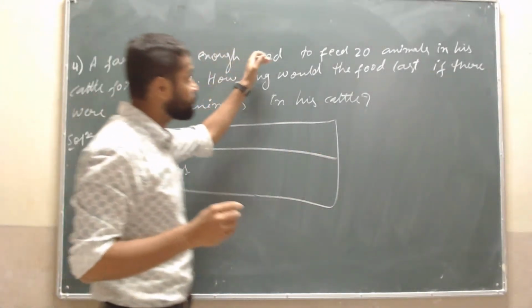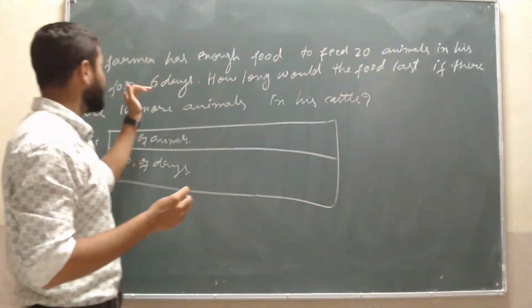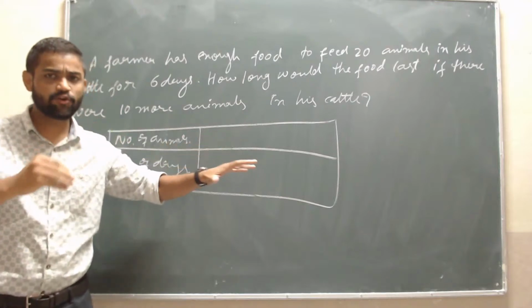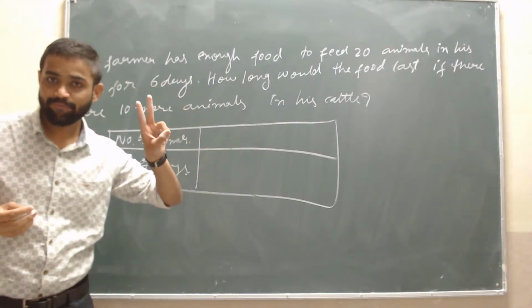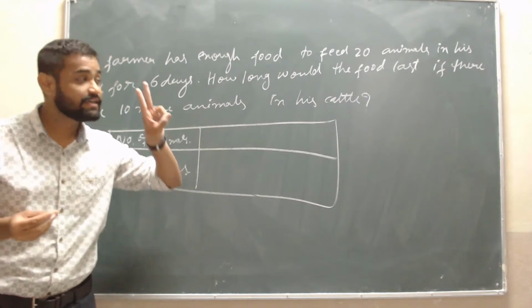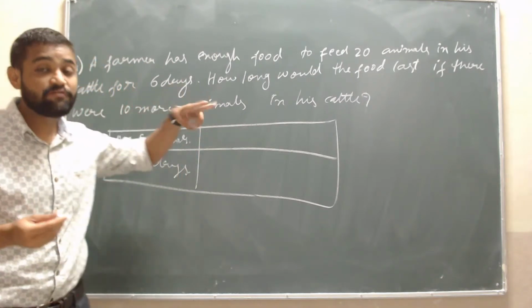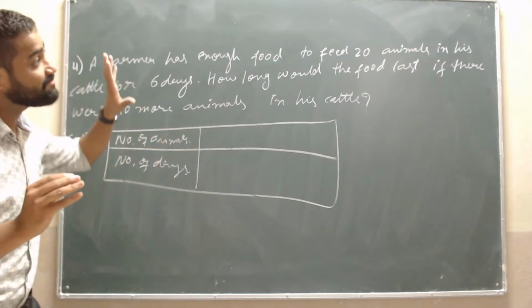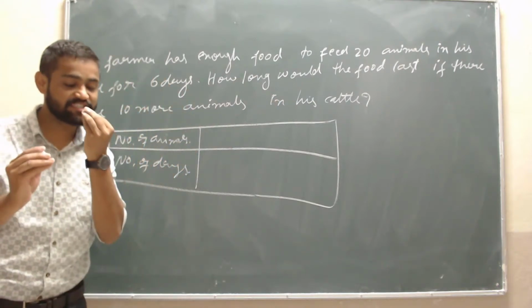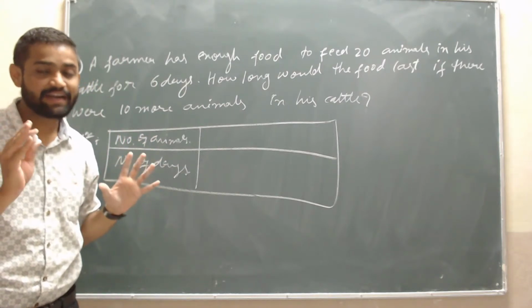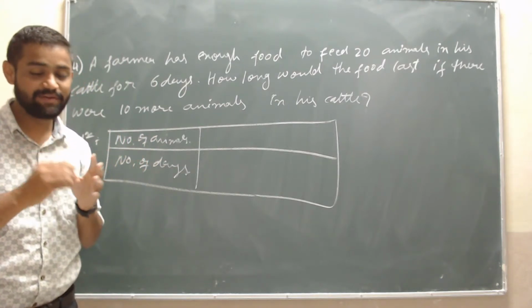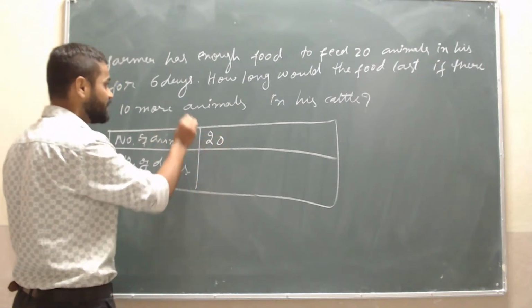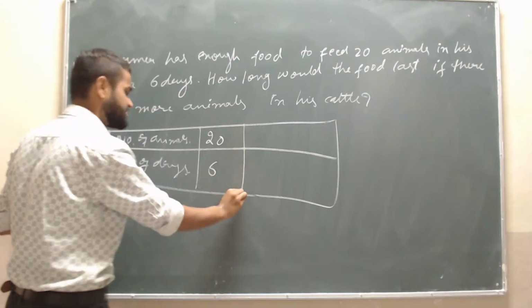The farmer has enough food to feed 20 animals in his cattle for 6 days. He will feed them comfortably for 6 days. So the number of animals is 20 and the number of days is 6. Is it clear to you?